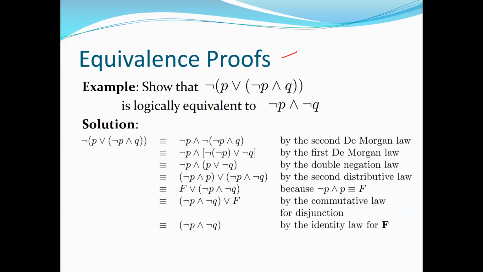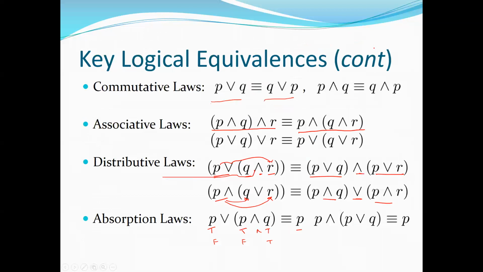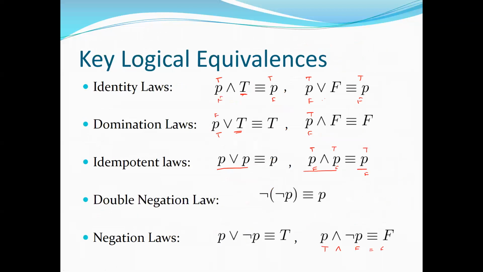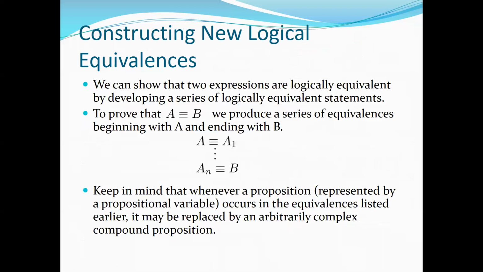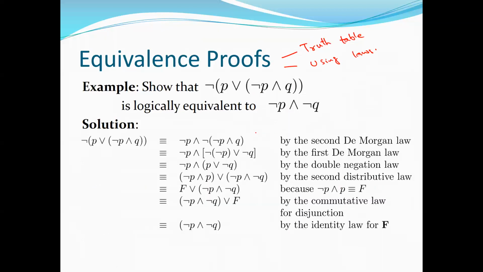One is the truth table that I ask you to prove. Another way is using laws. What laws? These equivalence laws: identity law, dominant law, these are laws. If you remember these laws, you can always convert it using the laws. Some of the examples are here using the laws, but using the truth table, you can do that. You have to do it as your homework.